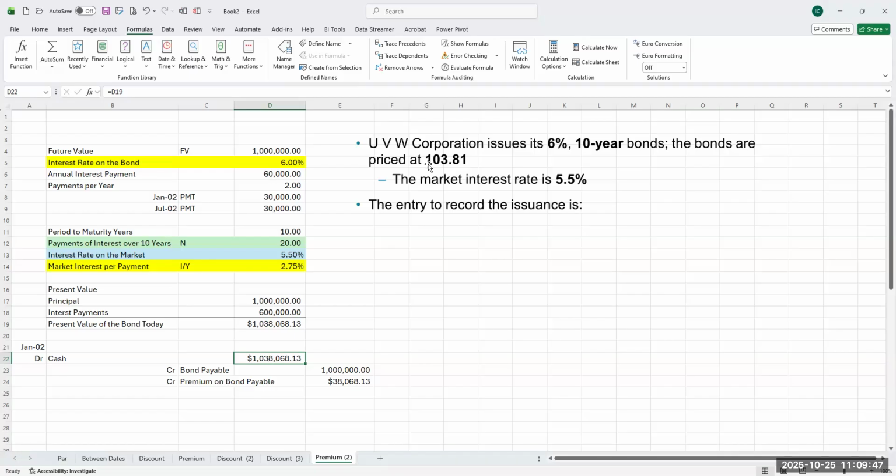And in this case, if it's 103.81, what that means is simply the value will be equal to this number here times 103.81.